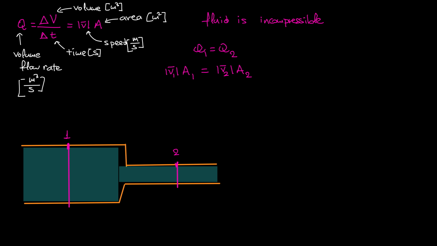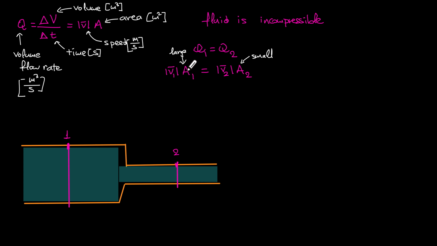Now, let's see. The cross-sectional area at 1 is large, whereas the cross-sectional area at 2 is a small number. We can see here this has a smaller diameter, a smaller radius, so the cross-sectional area needs to be less than what you have here.